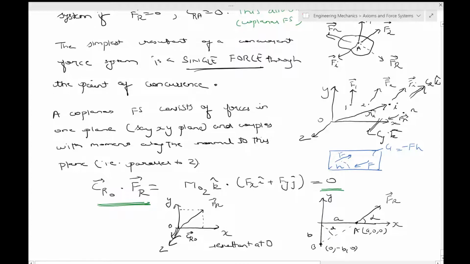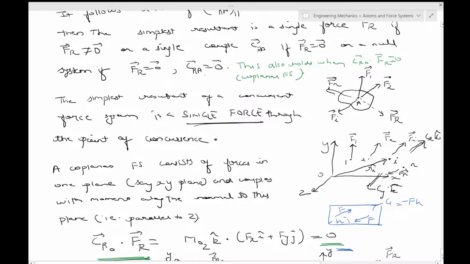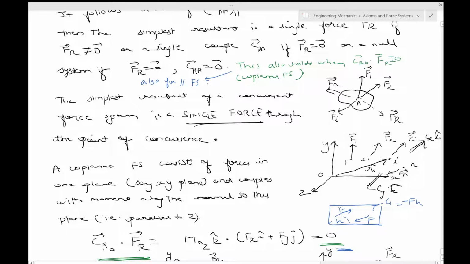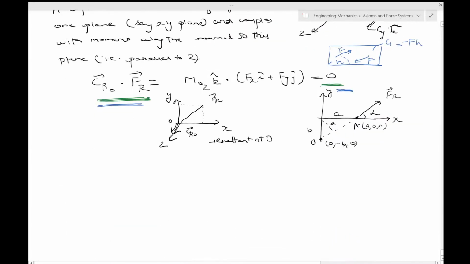So in this particular case also you will have this CRO dot FR will be equal to 0. So this will also be true, this statement which we have just written, also for parallel force system. Parallel force system. So please verify this, okay, that this is actually true. It's much easier thing to do compared to what all we have done. Okay.